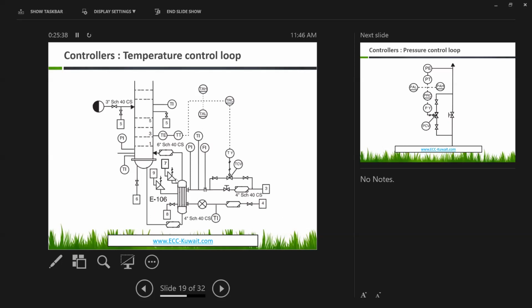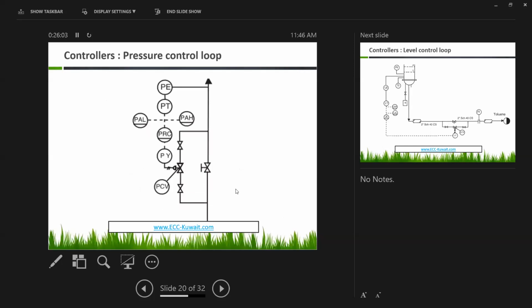Maybe here we have a heat exchanger. This is a reboiler, so maybe we have steam: low pressure steam, medium pressure steam, or high pressure steam. This symbol gives the insulation. This means this line is insulated. Why? Because here we have steam, so the pipeline should be insulated.